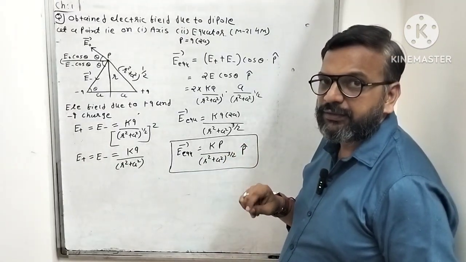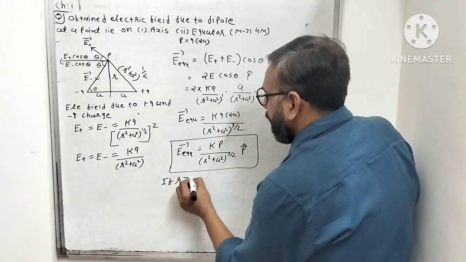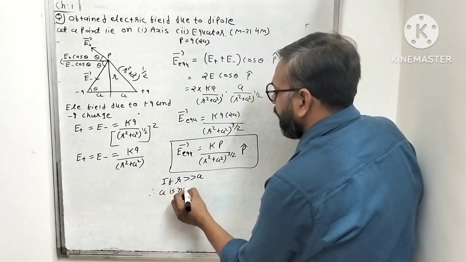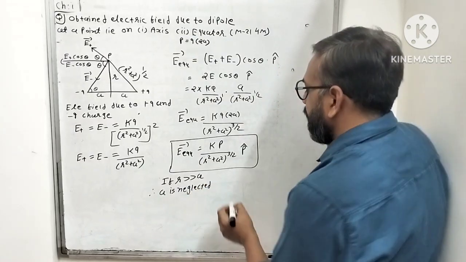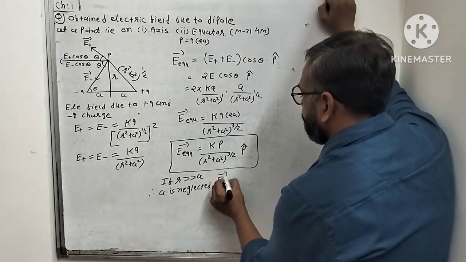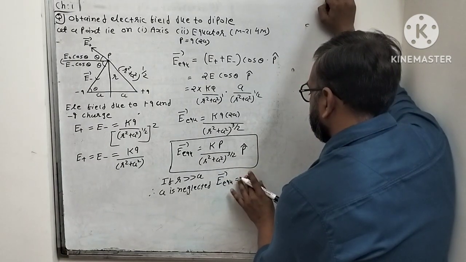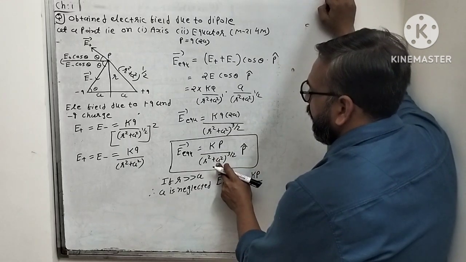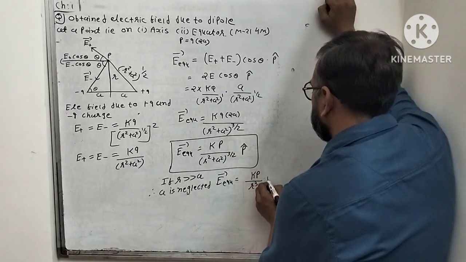But here we take the condition: if R is greater than A, then A is neglected. So our equation becomes E equator equals Kp upon r cube, since A square is 0.